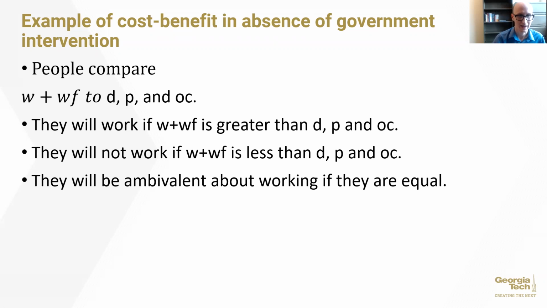And they'll work if their wages and future wages as a result of working are greater than the cost of the risk of dying, the psychological cost of putting others at risk, and the opportunity cost. And they won't work if the opposite is true, if those benefits are less than those costs. And they'll be ambivalent about working if they're equal. Okay.